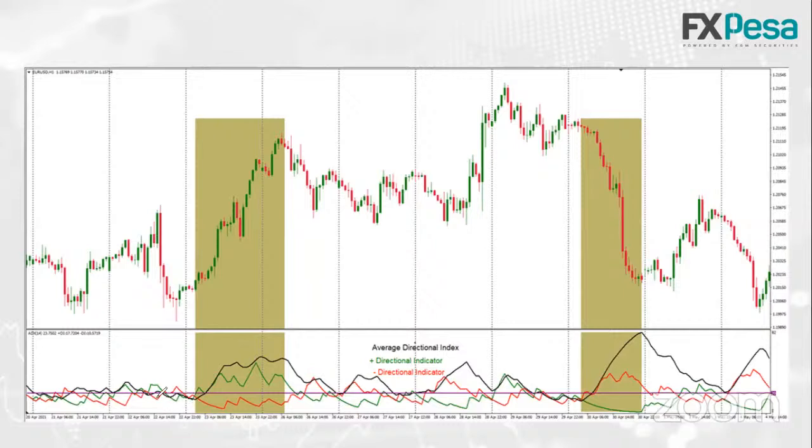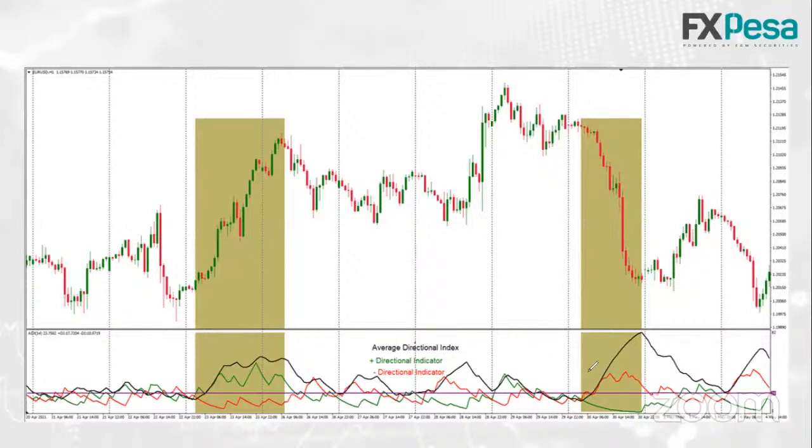If you had the green line crossing above the red line, then when you look at ADX, you get an indication of an increasing momentum. That basically means that the momentum at play is a bullish momentum.